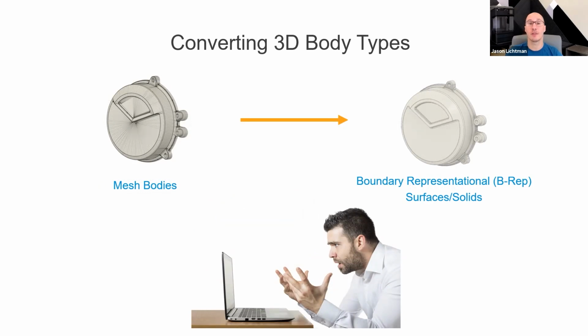so that mesh body ends up being somewhat useless. But thankfully, Autodesk Fusion 360 recognizes that mesh files are important, not just for outputting to a 3D printer, but also to be able to edit and to be able to repair and to be able to make serious changes with. And if you are an experienced design engineer or designer, you've probably seen that it's not all about solid modeling.